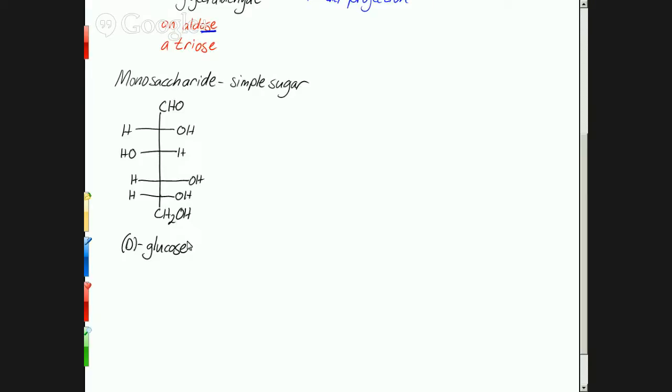However, sugars don't actually tend to hang around in this form very much. Does anybody know what a sugar looks like usually in a system? I don't know if anybody's ever seen structures of these types of things before. They actually take a ring structure. They cyclize.